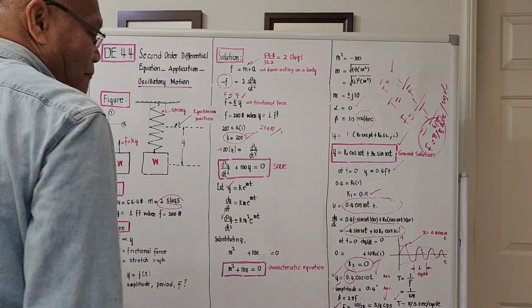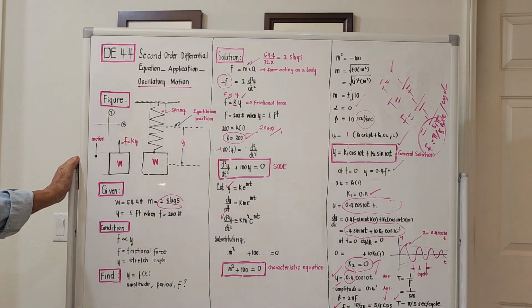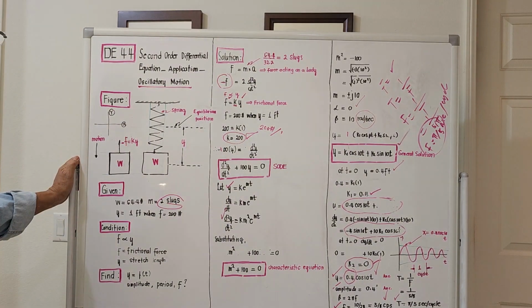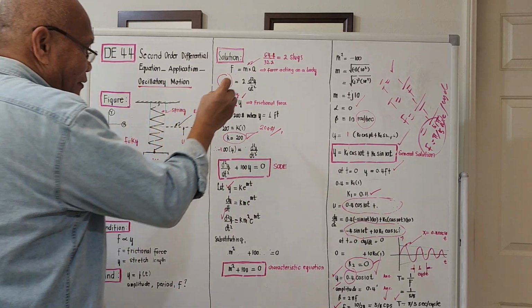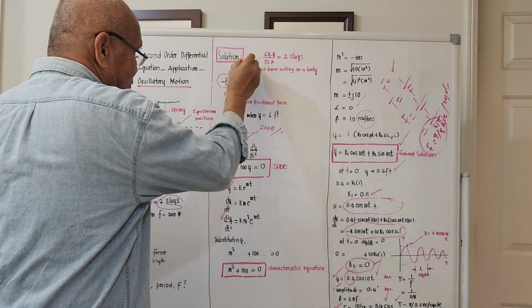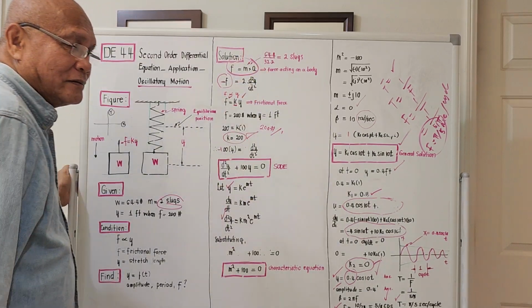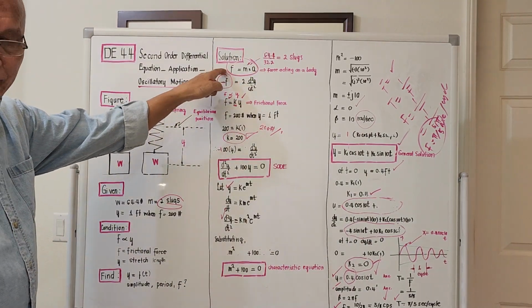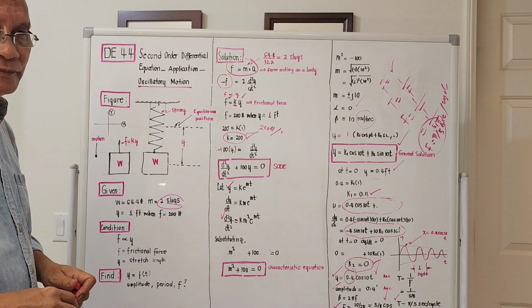That is an application problem that involves oscillatory motion, and the solution is by using a second order differential equation and by using the formula force equal to ma. Okay, that is one of the equations under Newton's law.